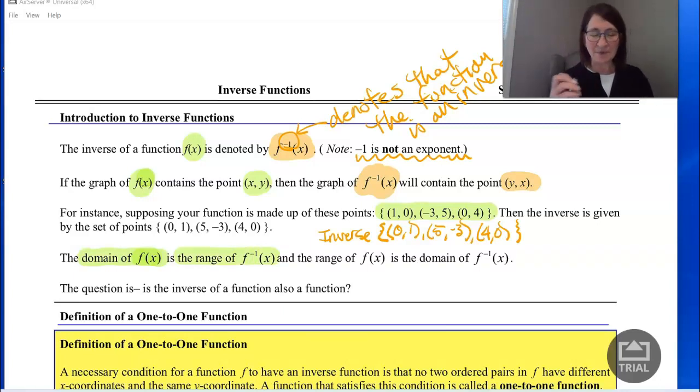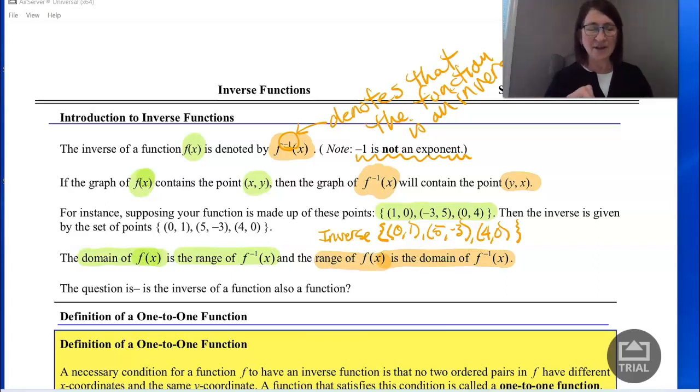And then the opposite, the range of that first function is the domain of our inverse. That's a little bit much to get your head around at first, but it's really just the opposites.